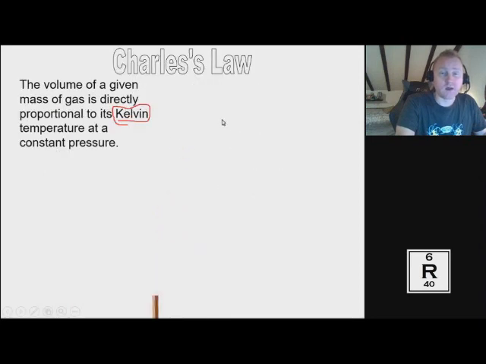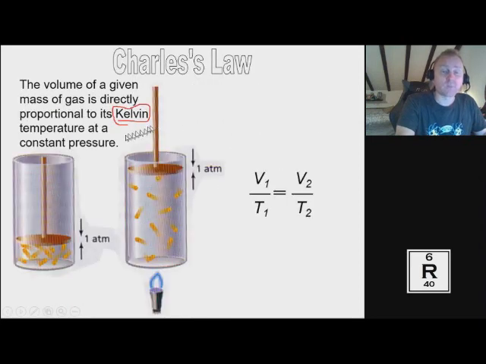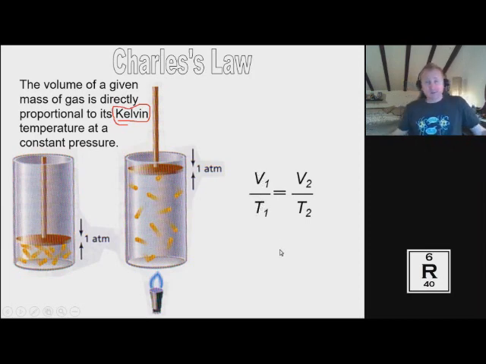With Charles' law, what's constant here is pressure. The pressure is constant in both situations, but the volume changes directly with the temperature. And I remember Charles' law because I had a friend in high school that was really stressed all the time. He was always concerned about his grades, about just everything in general.